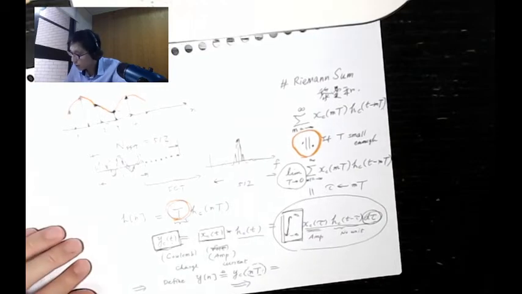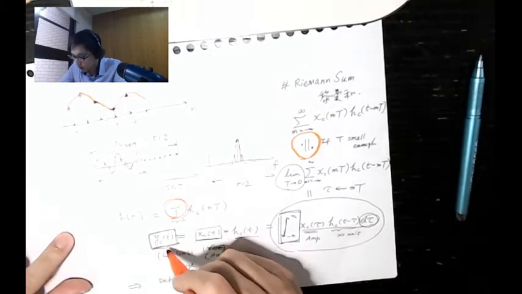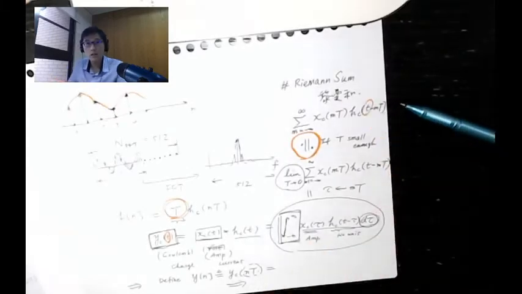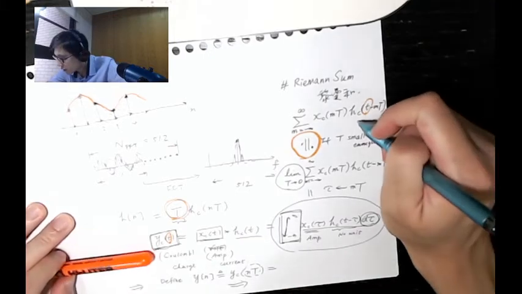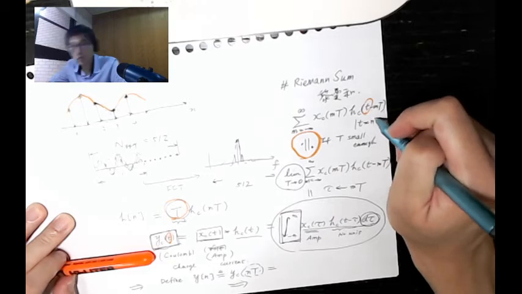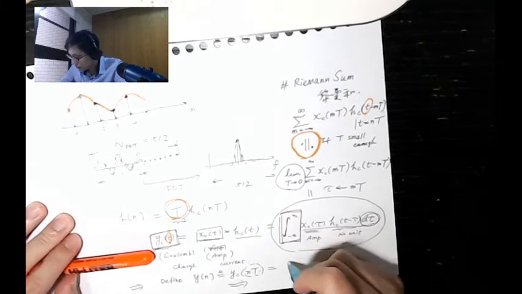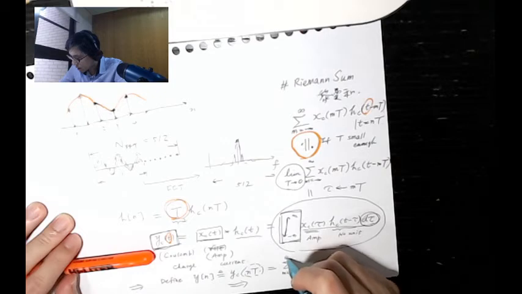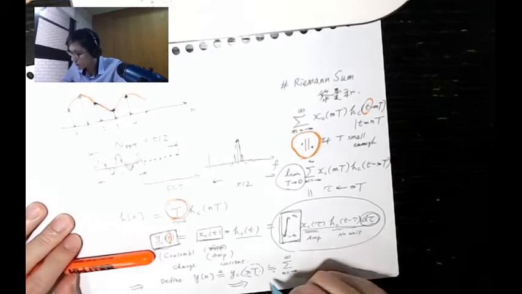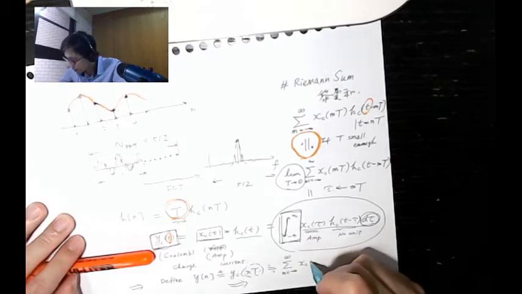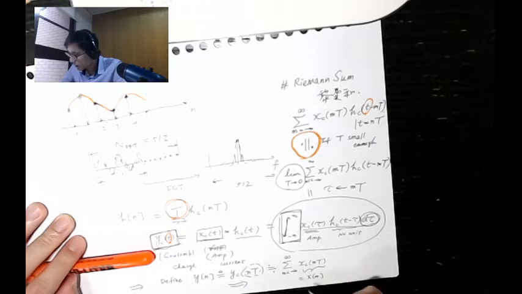In the far end right here, t is here, so we also replace this t by n times capital T. In the end we have a summation, which is roughly equal to, an approximation, h_c of mT. And this, what is this? This is x of n, times h_c.